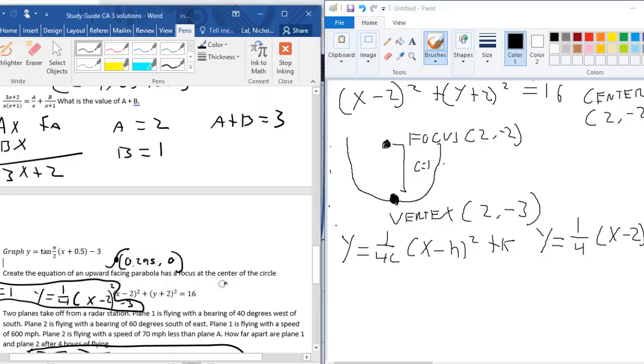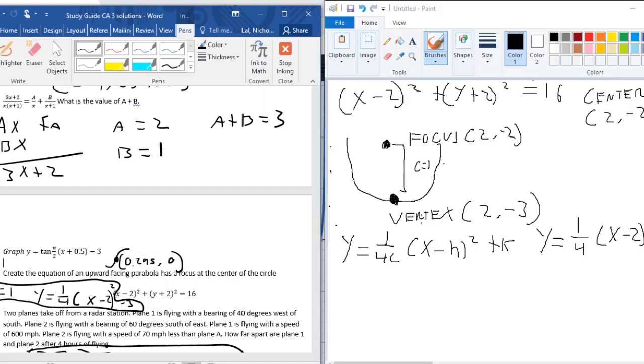You lost me at 1. Where we chose 1 for a focal length? Okay. So our focus is at 2, negative 2. For an upward facing parabola, the vertex is directly below the focus. So the vertex is directly below the focus by a length of 1.